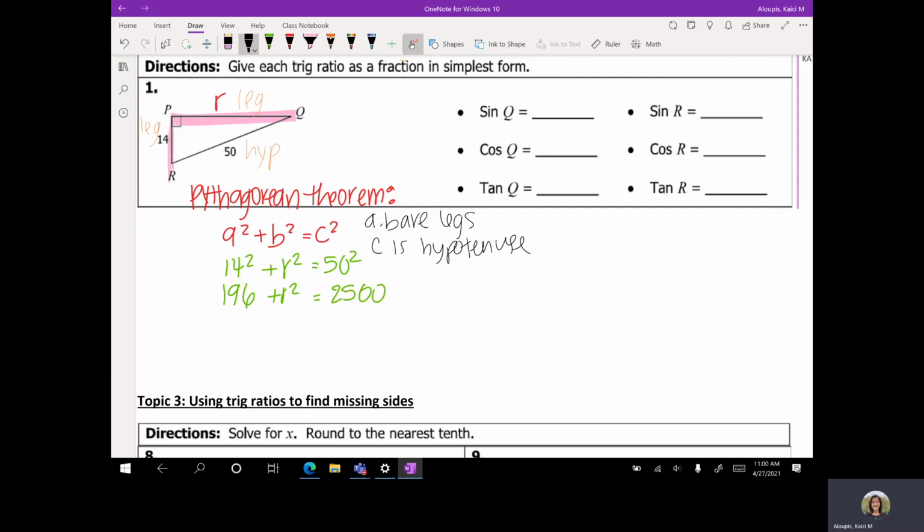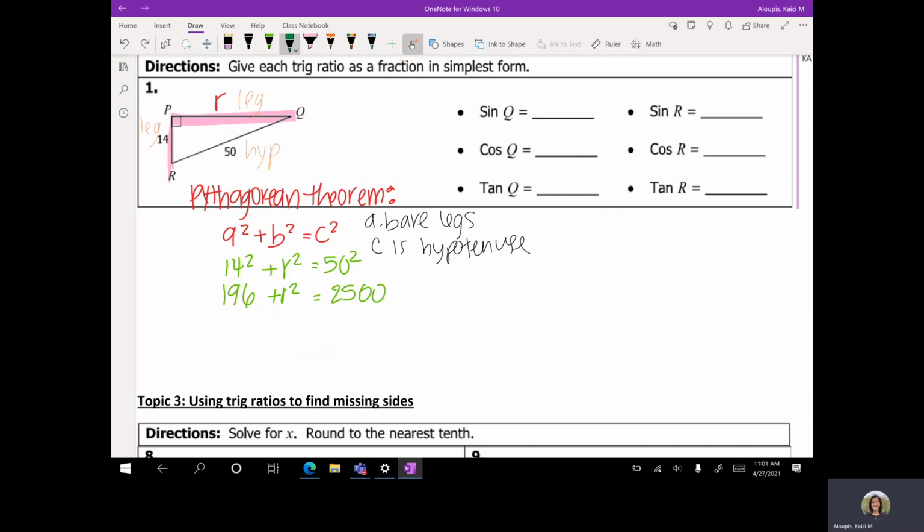The next bit is to, I'm going to use a darker color, move this 196 to the other side because we're trying to isolate our variable r. We're trying to get r by itself on one side of the equal sign.